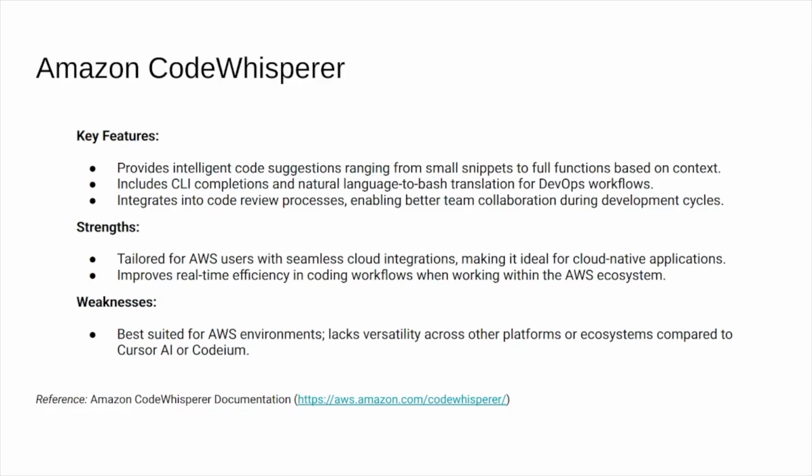Talking about the strengths, it is tailored for AWS users with seamless cloud integrations. It improves real-time efficiencies in coding workflows when working with AWS ecosystems. The weakness of CodeWhisperer is it is better suited for only AWS environments and lacks versatility when used in other ecosystems.